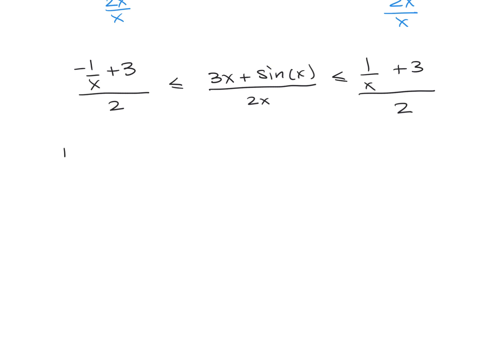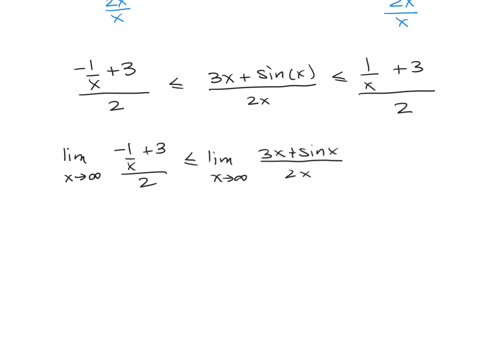So we're going to have the limit as x goes to infinity of negative 1 over x plus 3 divided by 2, which is less than or equal to the limit as x goes to infinity of 3x plus the sine of x divided by 2x, less than or equal to the limit as x goes to infinity of 1 over x plus 3 divided by 2. And we can now take these infinite limits.